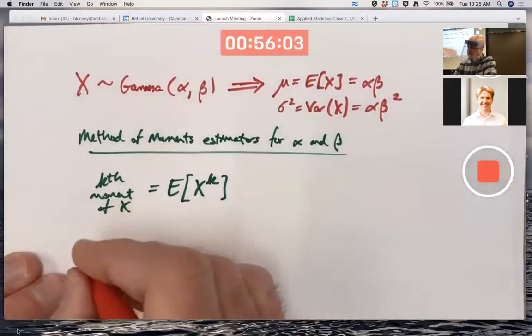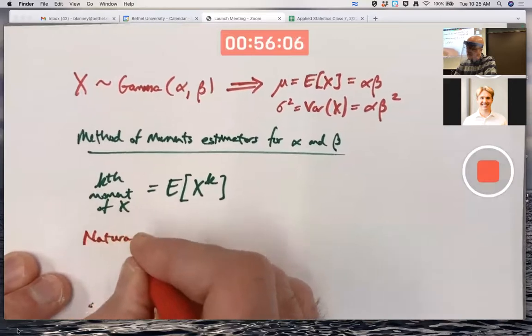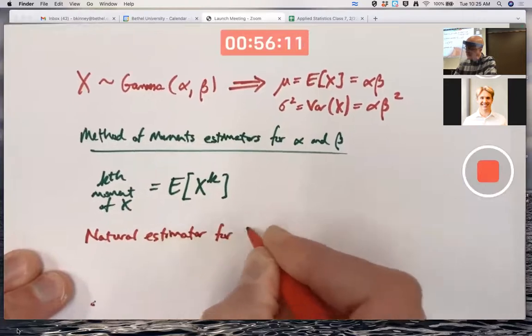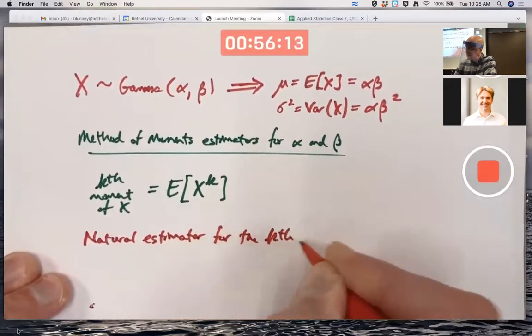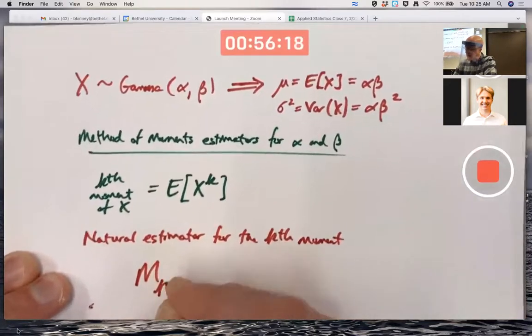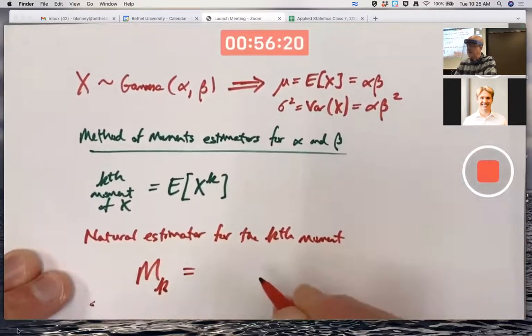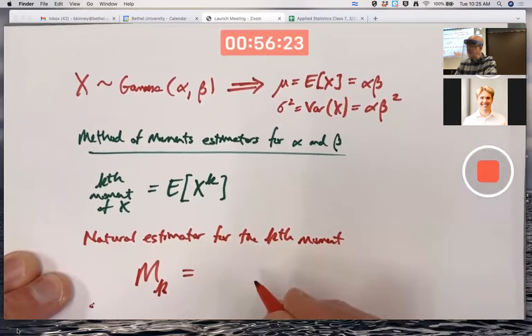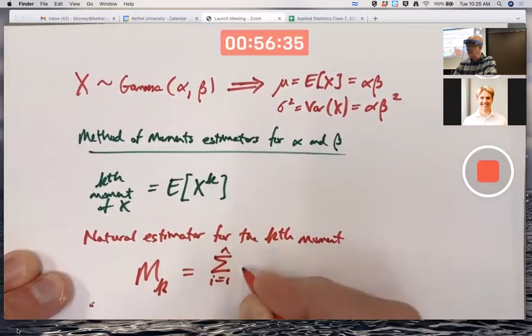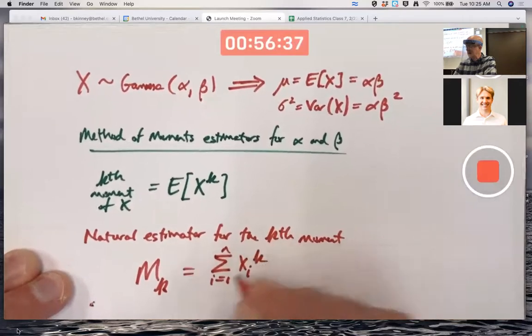A natural estimator for the kth moment, we could call m sub k, is just to average the observed values of the x to the k powers based on a random sample. Add up xi to the kth power and divide by n.